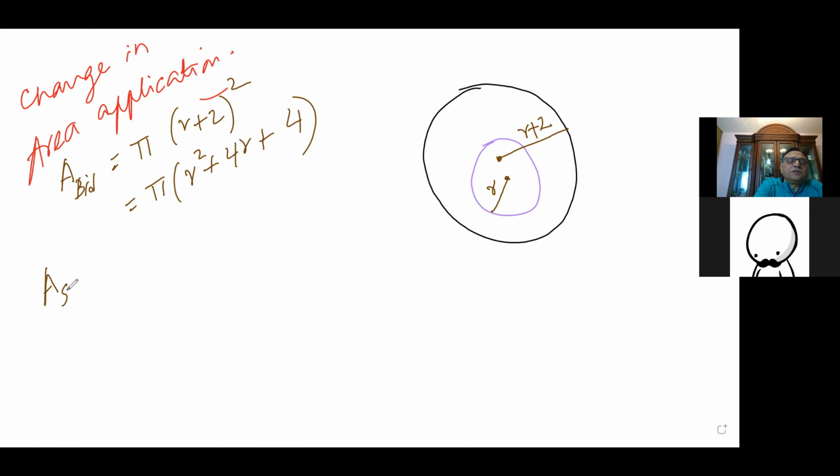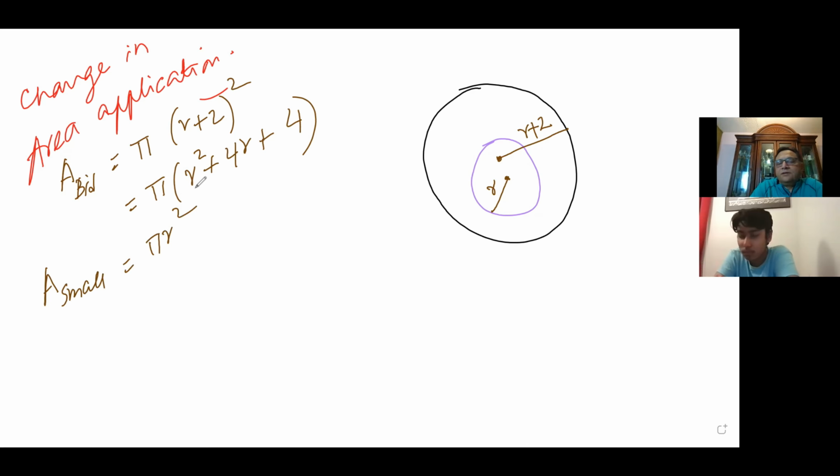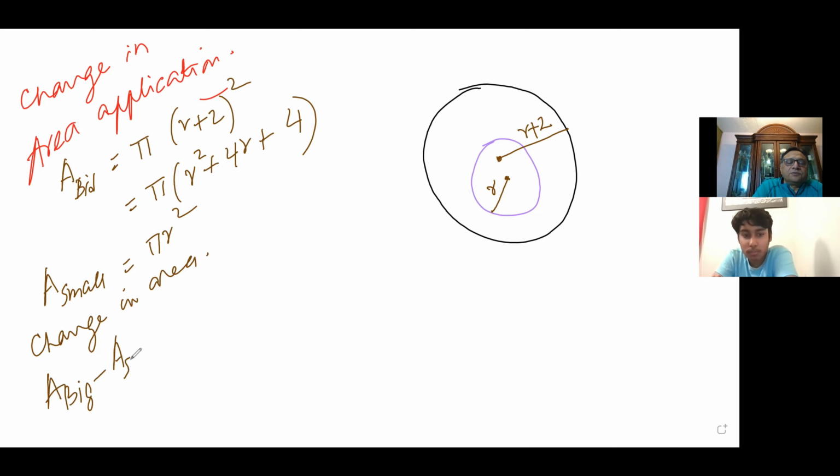The area of the small circle is pi r square, correct? So the change in area is the area of the big circle minus the area of the small circle. Pi is common, so I'm taking pi outside. The terms we have now are r square plus 4r plus 4, minus r square.